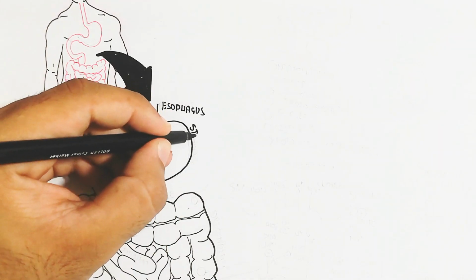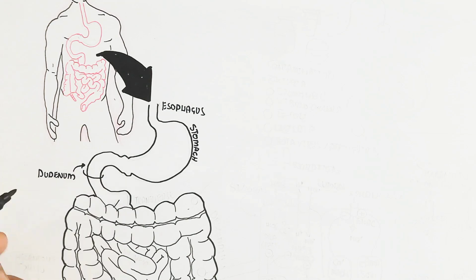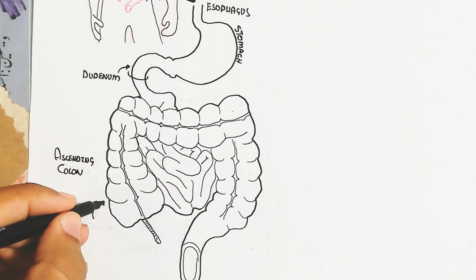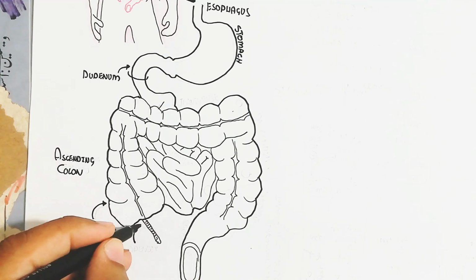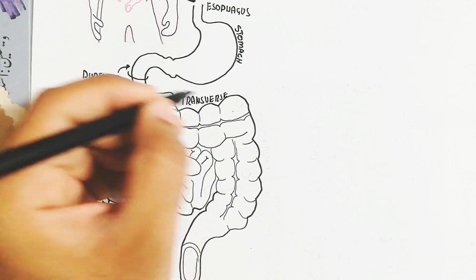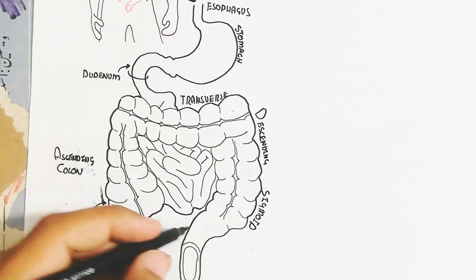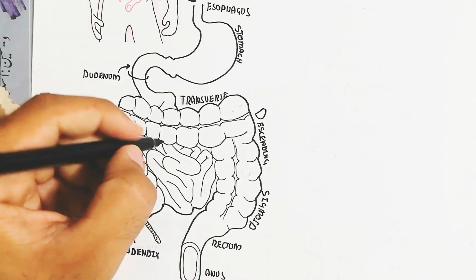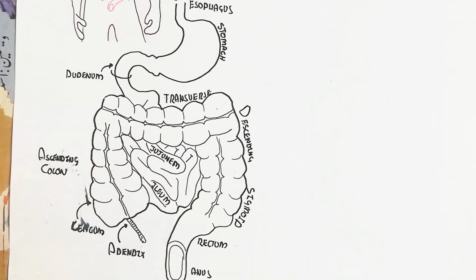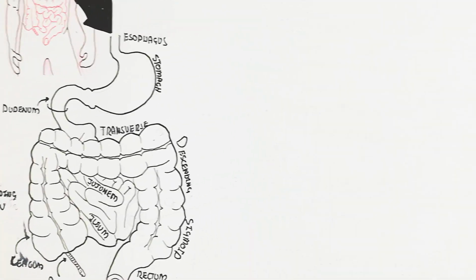Whenever contaminated food is ingested, or normally, the esophagus allows swallowing, and in this way the stomach gets the bolus. This is the duodenum, and the ascending, transverse, descending and sigmoid colon, rectum and anus, while the jejunum and ileum are here. And this is the cecum and appendix.